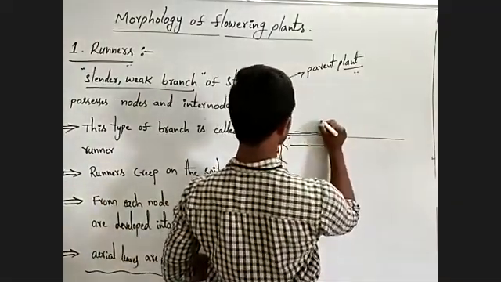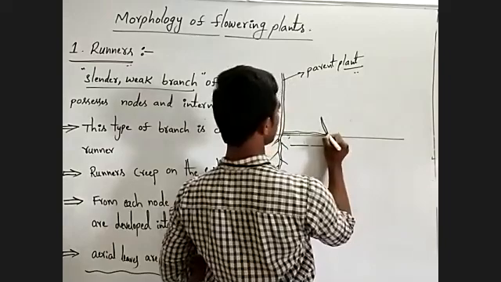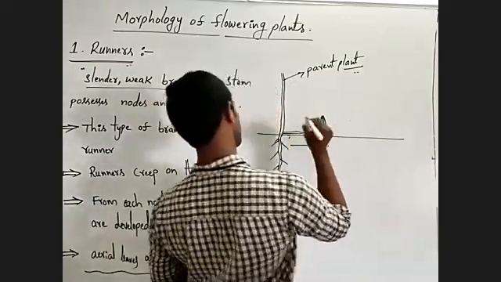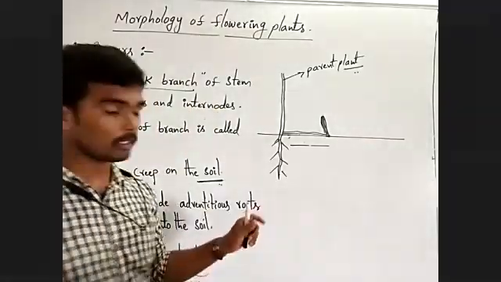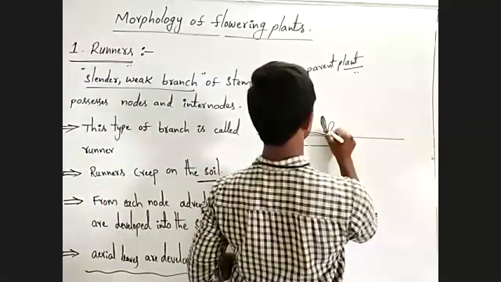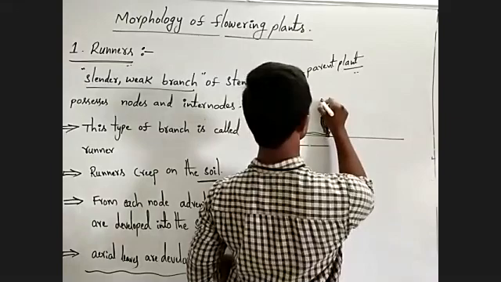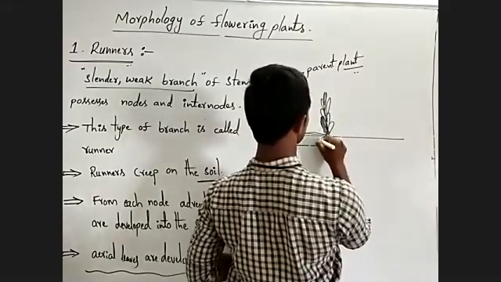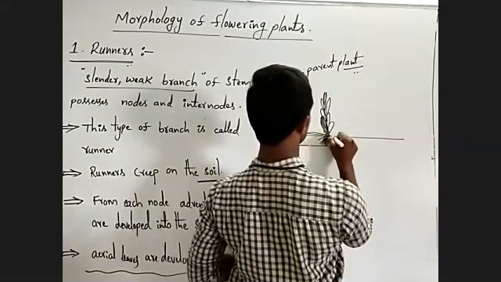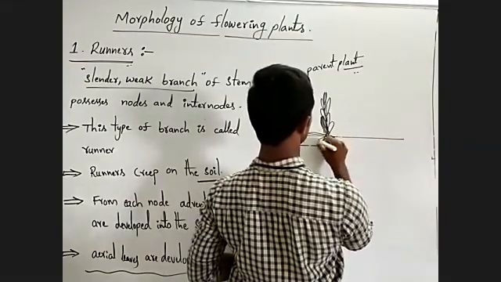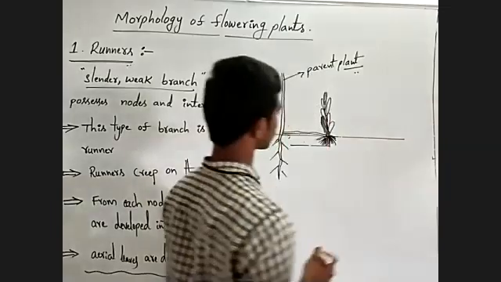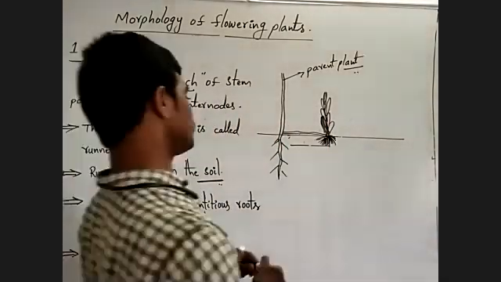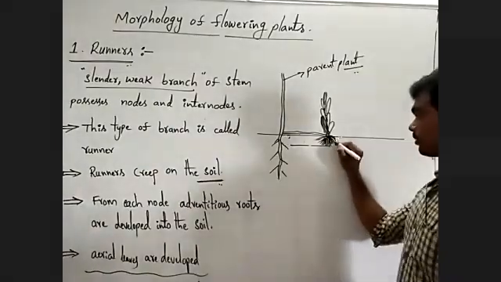From the apical part, aerial roots are developed, leaves like this, adventitious roots are developed.